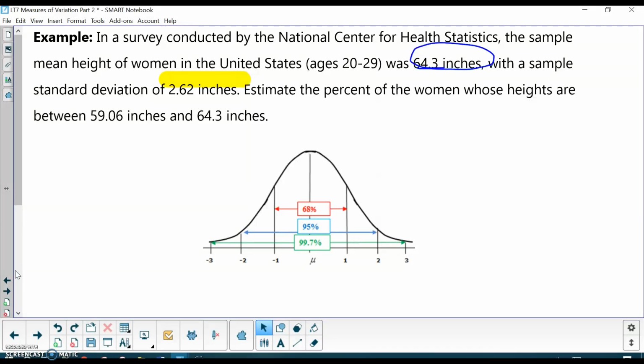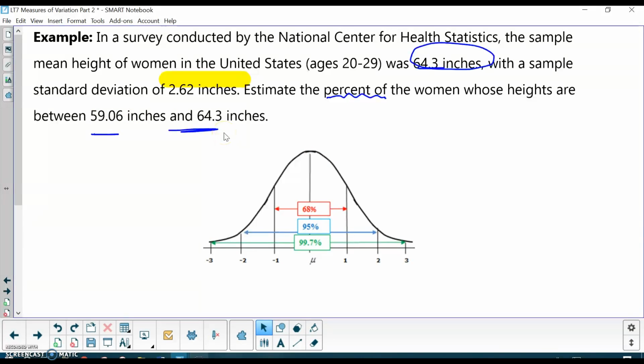So we want to know the percent of women whose heights are between these two intervals. So we need to find how far out from the mean those intervals are.